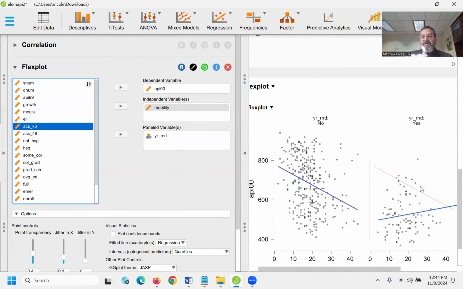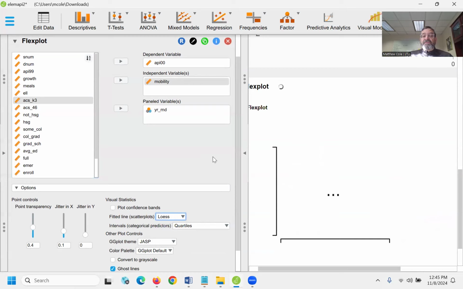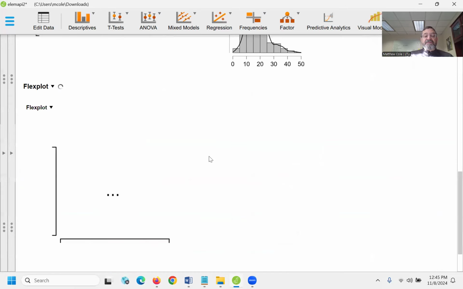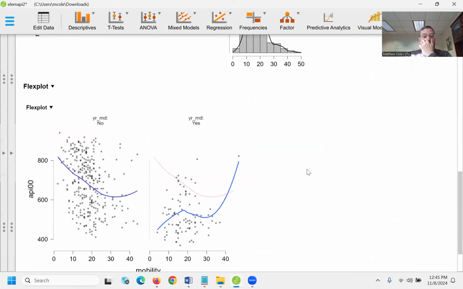So now we have a plot of mobility for when the school is not open year round and a plot of mobility for when the school is open year round. And if we made it the smooth fitting, we can start to see what's happening from any potential curvilinear relationships.